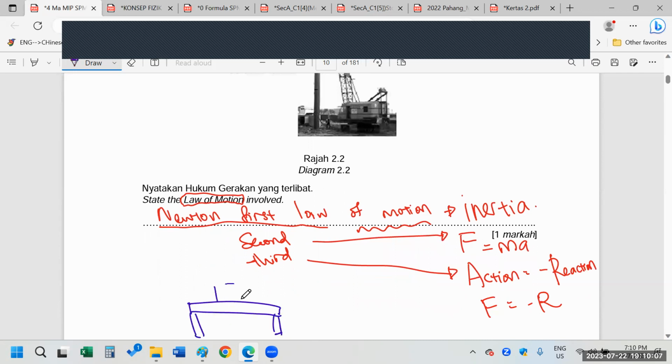When you put a book on a table, this book will have a weight. Then what is the opposite reaction force? We call it the normal reaction force.